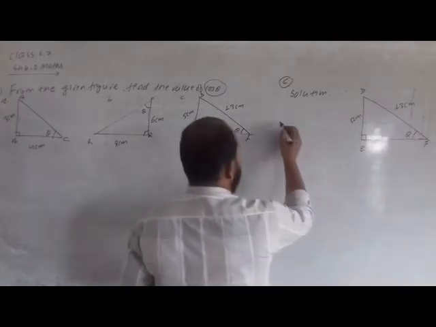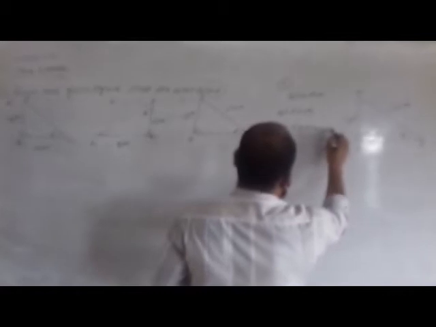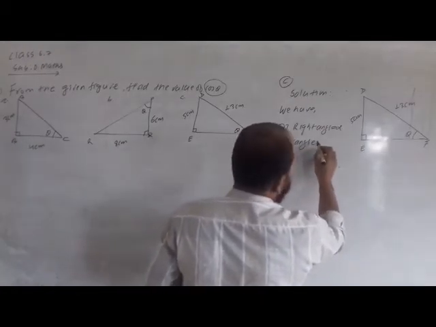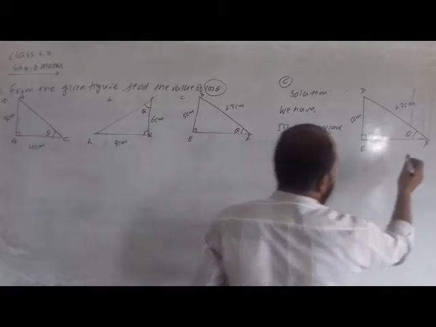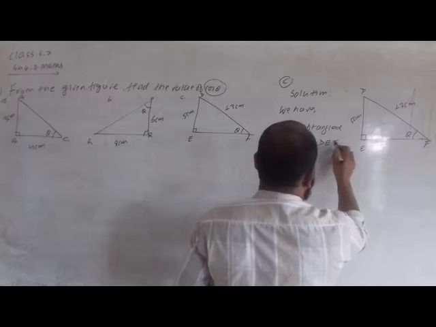Here you write: we have a given right angle triangle DEF.